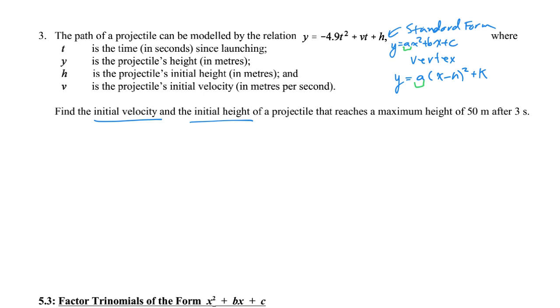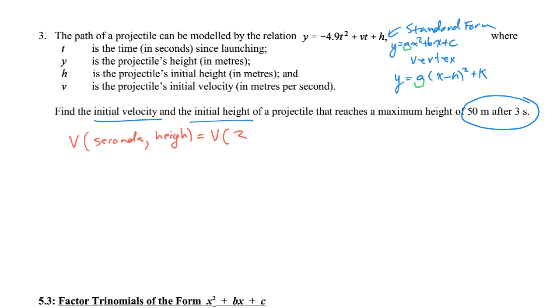Now, they also tell us that the maximum height is 50 meters after 3 seconds. So what that tells us is that all of this information tells us that the vertex, which is going to be in seconds, and then after that you have height, is actually just this.